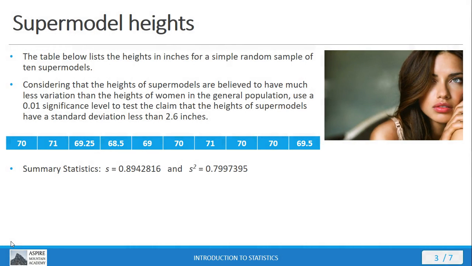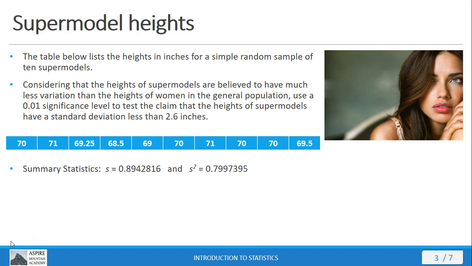Let's look at our example problem here, involving the heights of supermodels. So here we've got 10 ladies and their heights were measured, and here you see the actual heights in the table there. We're using a 1% significance level because the thought is that the heights of supermodels have much less variation than the heights of women in the general population.